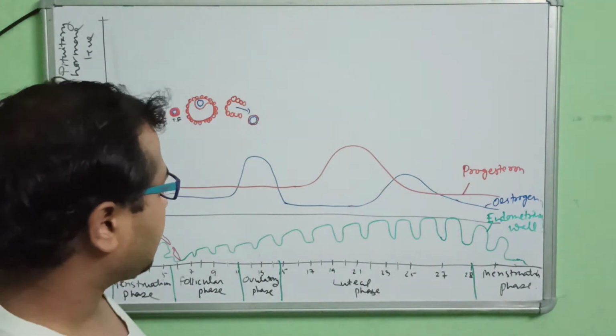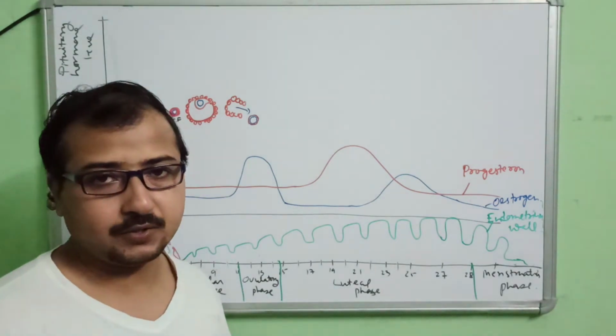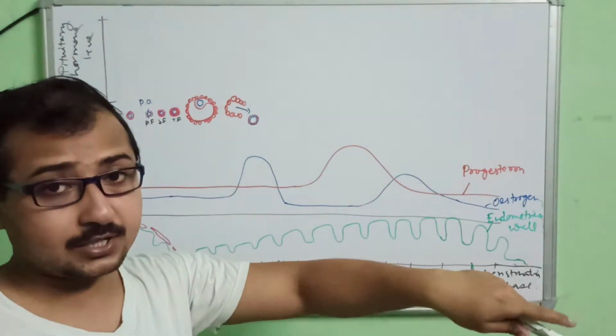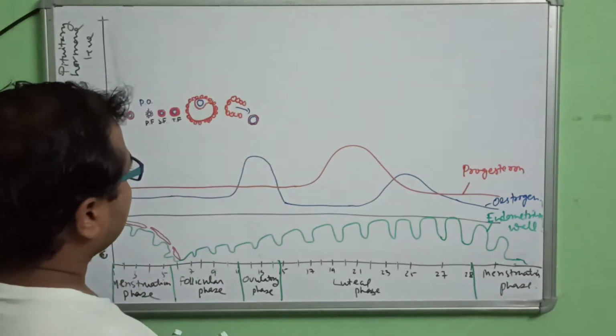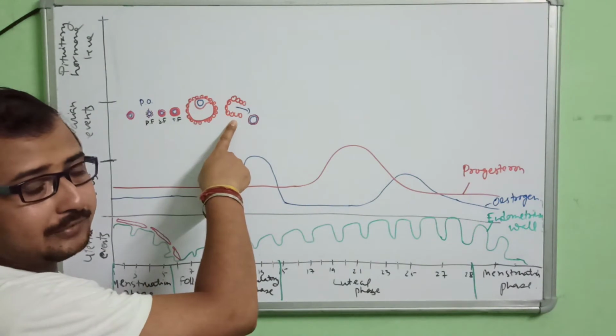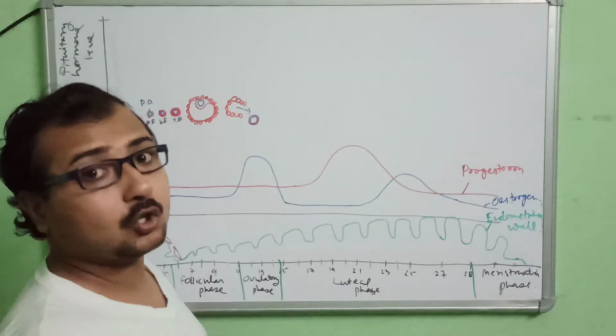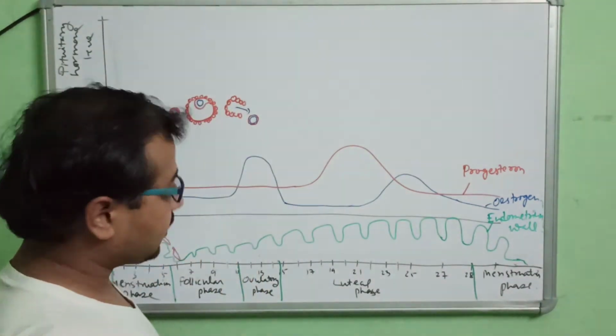Understood? And now what happens after this, in the luteal phase? If the egg is not fertilized, then the remaining Graafian follicle will be converting into what? Corpus luteum. Okay, so let's draw it.